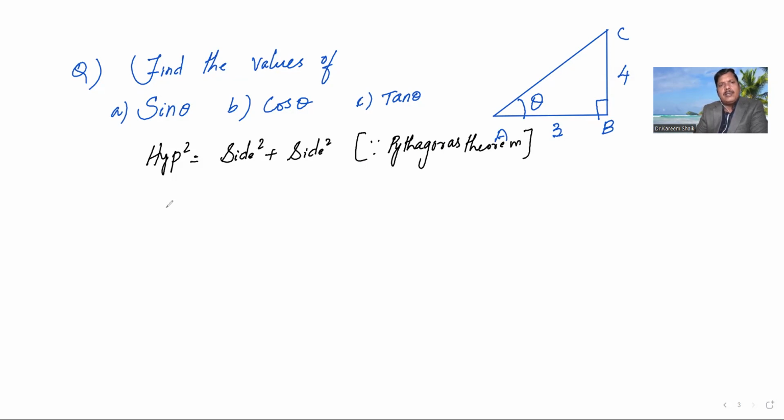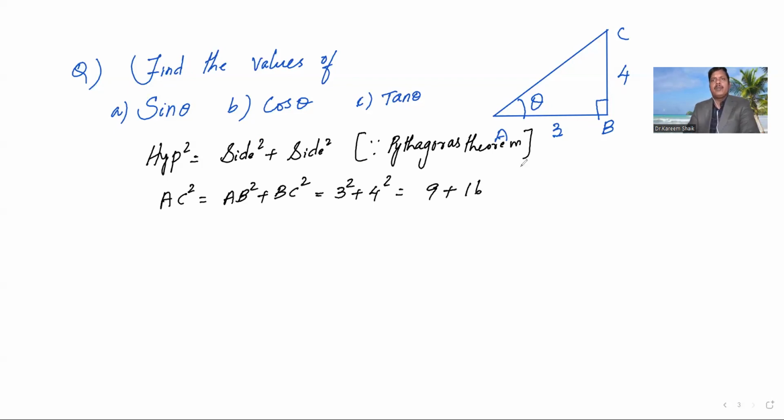Here the hypotenuse is AC, so AC square equals AB square plus BC square. What is AB here? 3 square, plus what is BC here? 4 square. 3 square is 9 plus 4 square is 16. 9 plus 16 equals 25.